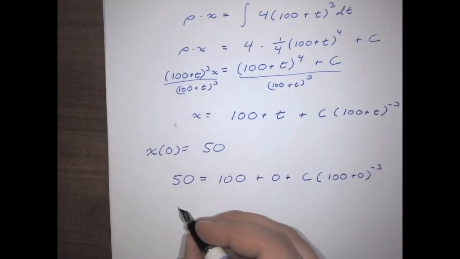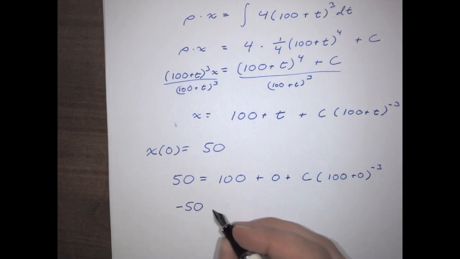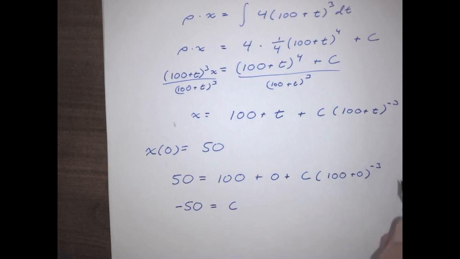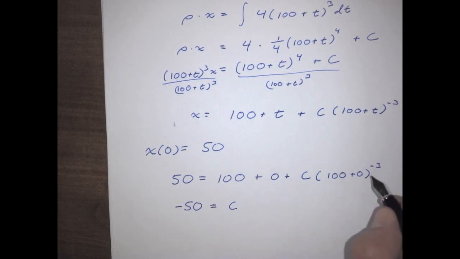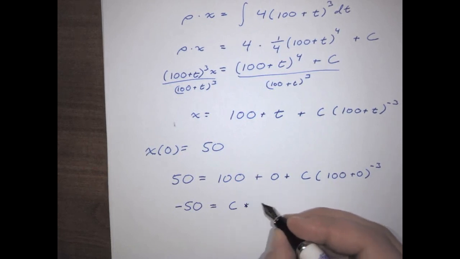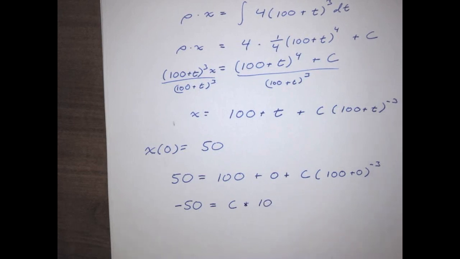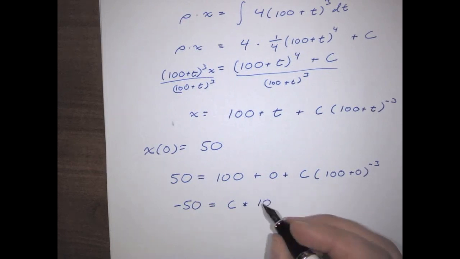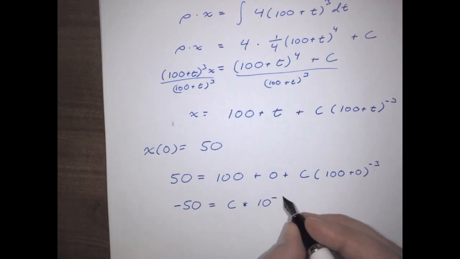So subtracting, negative 50 is equal to c times 10 to the 2 to the power of negative 3, so it's going to be 10 to the negative 6.